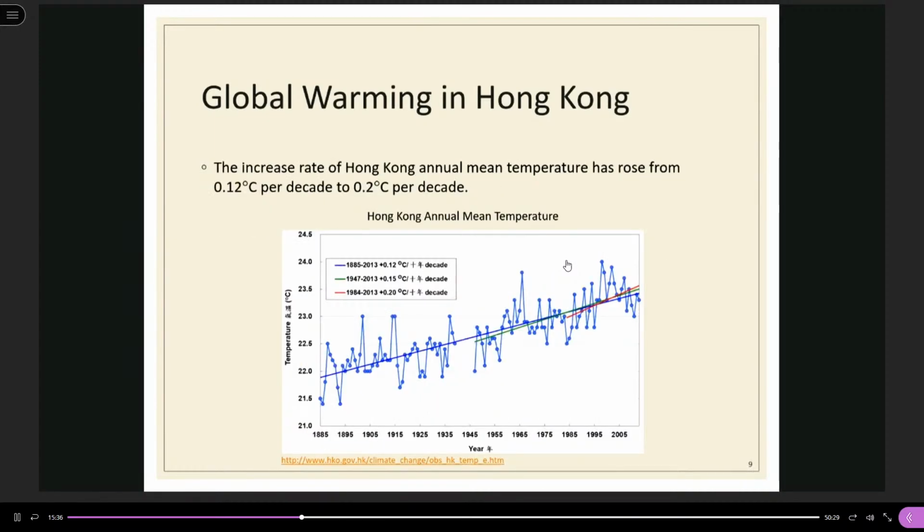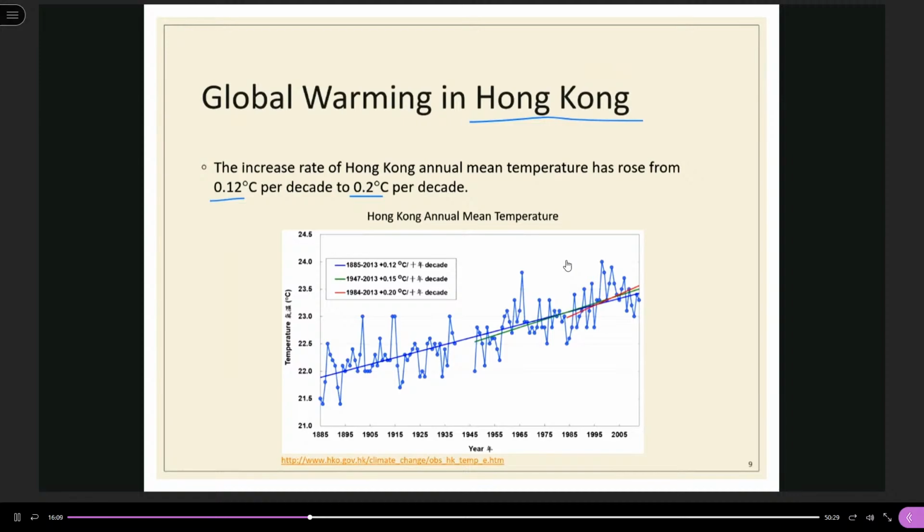The increase rate of Hong Kong annual mean temperature has risen from 0.12 degree per decade to 0.2 degree per decade. Not only on average globally, but locally in Hong Kong, we are also experiencing the rise of air temperature, and the rate of the rise is getting higher.